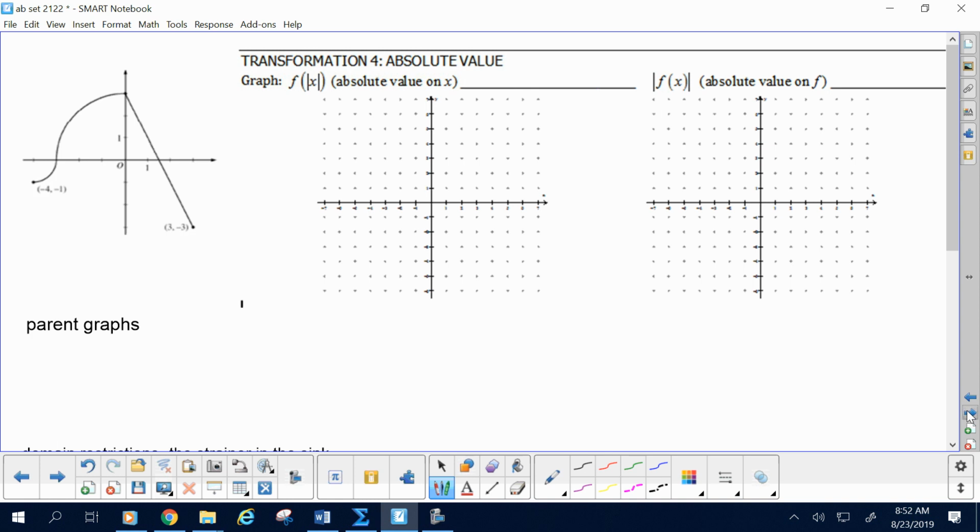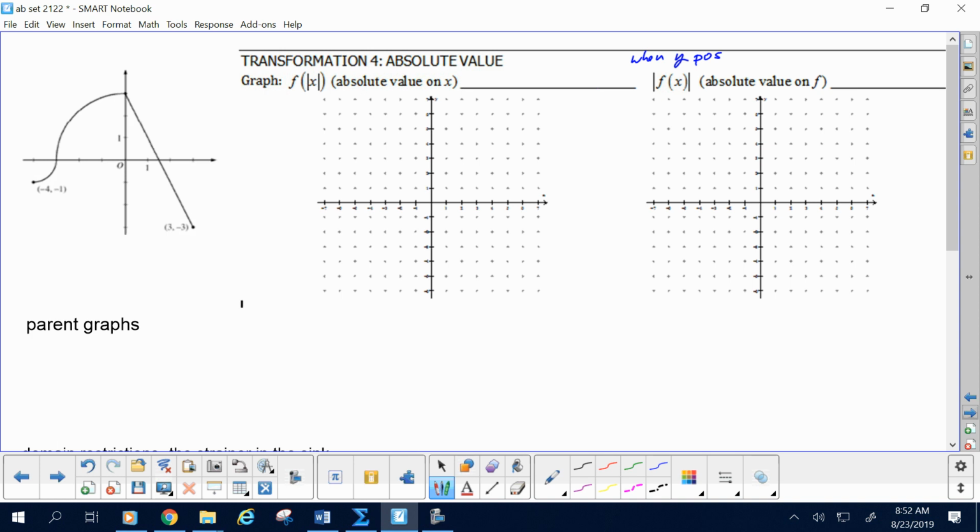One of these is easy, one of these not so easy. Let's do the second one. What is it taking the absolute value of? X's or Y's? Y's. Okay, so let's think about that. When Y is positive, what does the absolute value do?